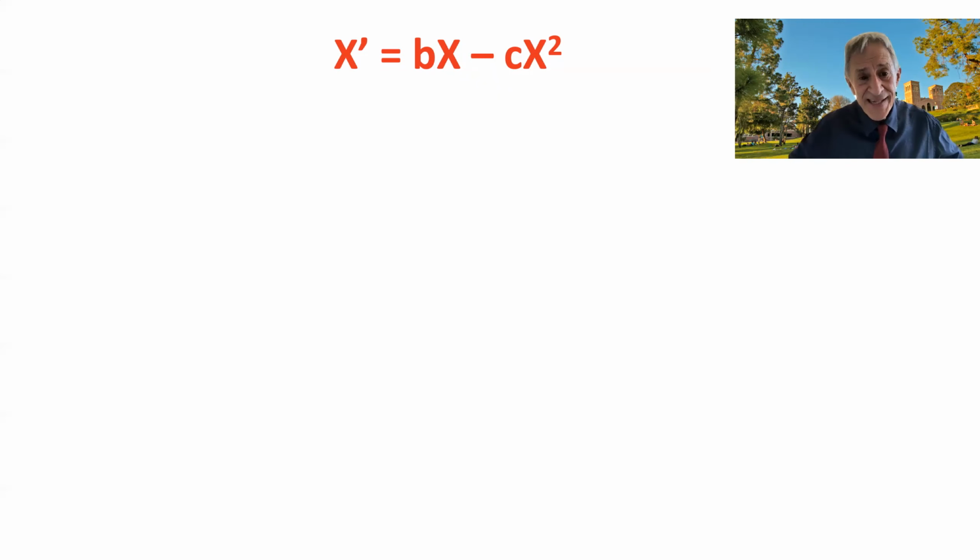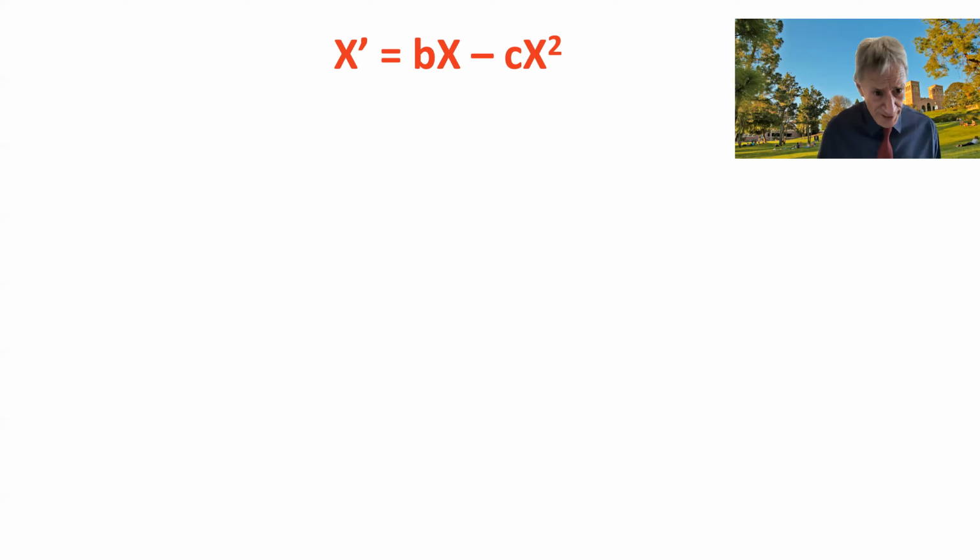And that means that as x gets larger, x squared is going to get much larger than anything times x. So eventually, for large x, the term following the minus sign is going to dominate. So we have growth for small x, crowding for large x.